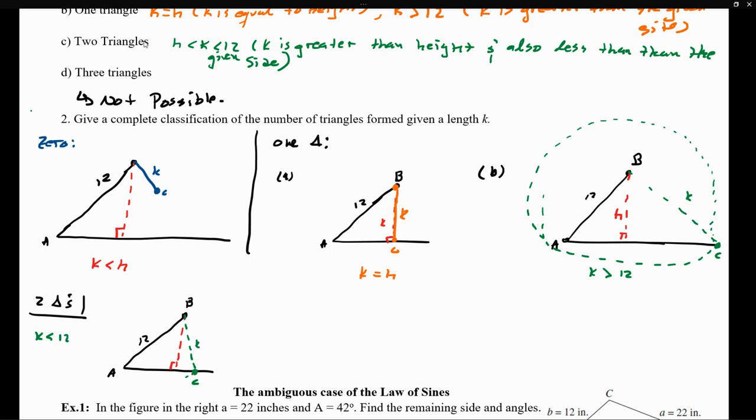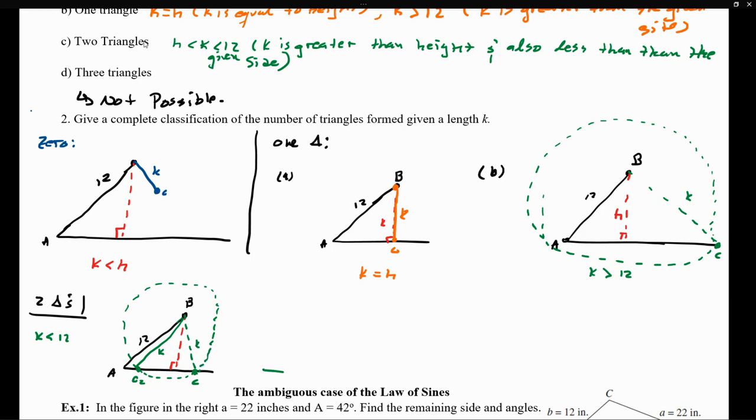Hold on, let me draw my height. Notice that if we go around in circles, this point right here, which I'll call C2, is also the same length k. So we could have created two possible triangles.